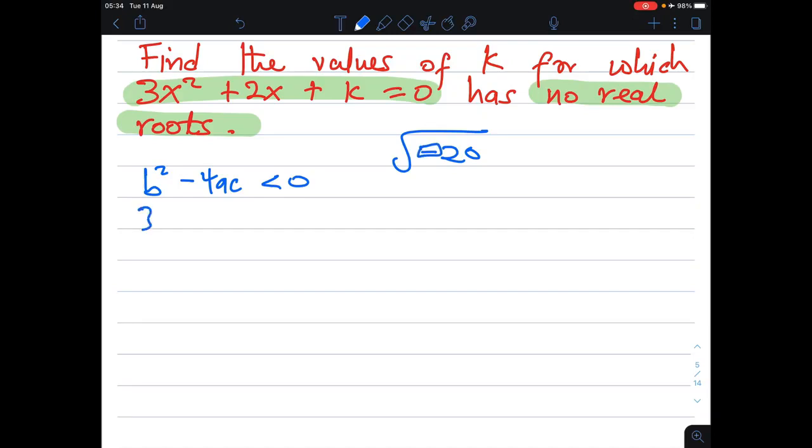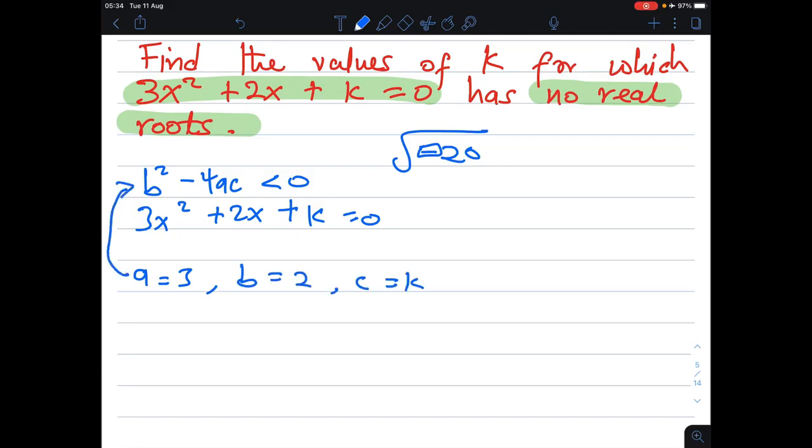Well, if we have 3x squared plus 2x plus k equals 0, that means that a is 3, b is 2, and c is k, right? So we can just put all this into this formula and then solve. So we will get b squared, that is 2 squared, minus 4 into a is 3 into c is k, is less than 0. That would be 4 minus 12k is less than 0.